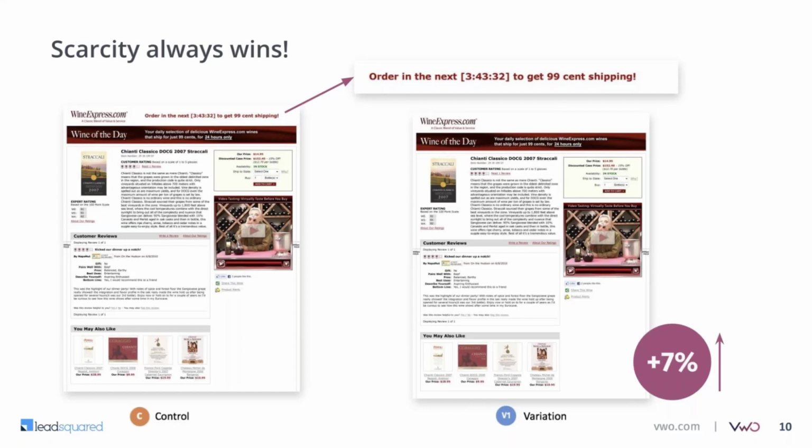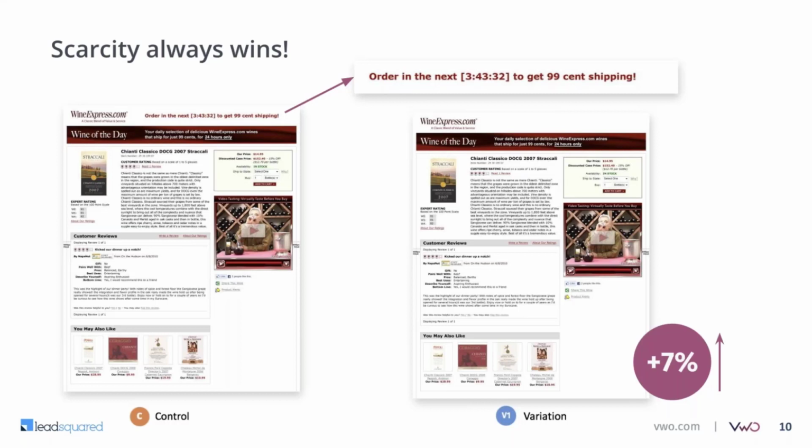So in this example, it becomes very important to understand who your visitors are, and what they really want. The visitors got upset because they were sophisticated wine buyers, and they did not like this marketing tactic. So I hope now you're convinced that best practices might not work for you.